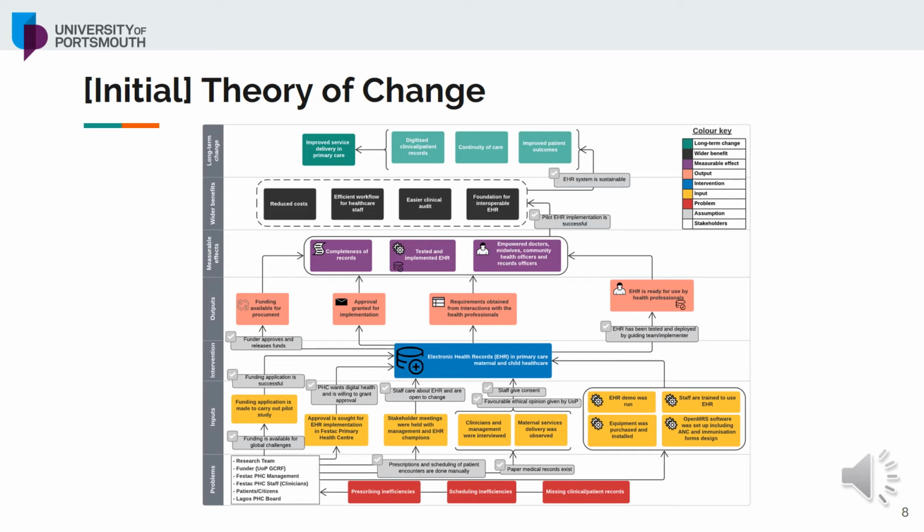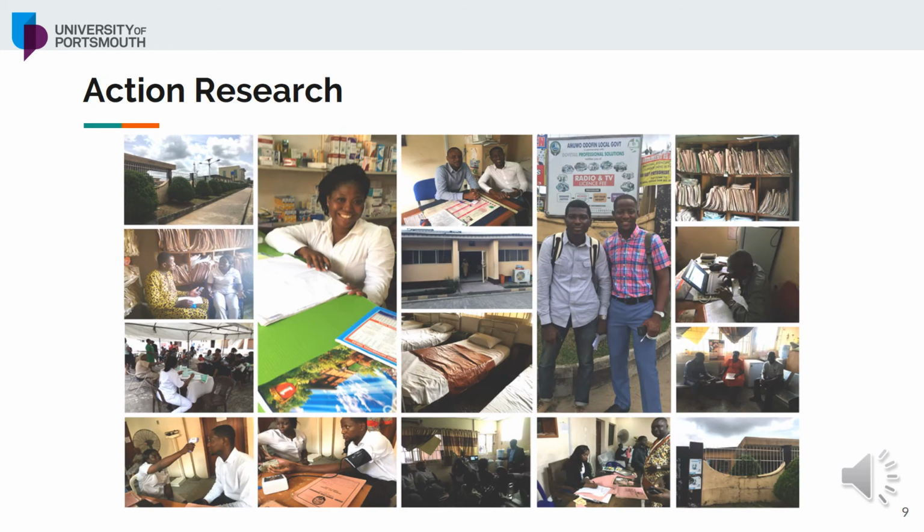Inputs were engaging the stakeholders through meetings, and the intervention is the EHR, like I've mentioned earlier, with funding application and getting requirements as the outputs. The initial measurable effects were completeness of records and empowered doctors, and reduced cost and easier clinical audits were the wider benefits.